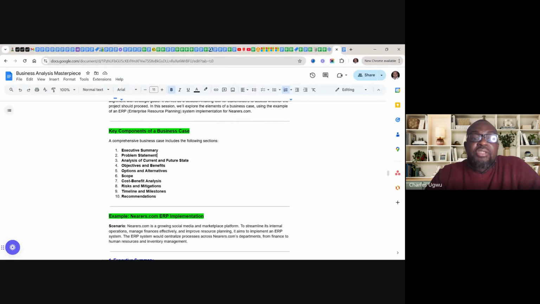It's only the business analysts working with the stakeholders, because we are trying to initiate a project. After this, the stakeholders say, after looking at this business case, we're happy with your recommendation. You have convinced us that this project is worth taking. We can see that this project is viable. We can see that the benefit outweighs the cost.